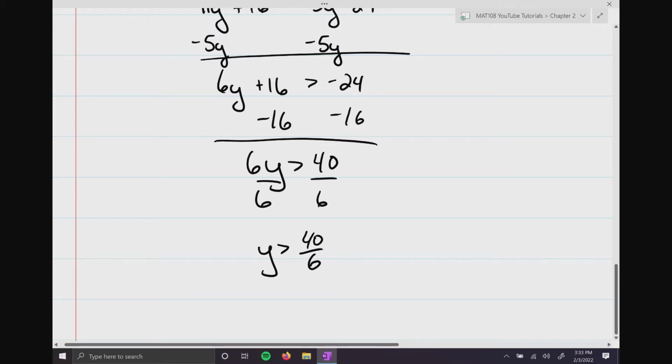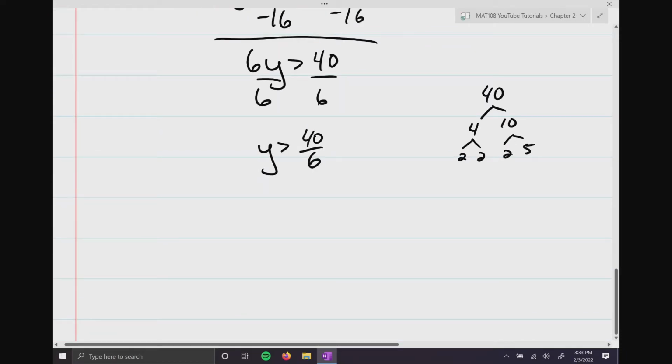Now, to simplify this, an easy way is to write out the prime factorizations of 40 and 6 respectively. So 40 is 2 times 2 times 2 times 5. All I did was break it down.